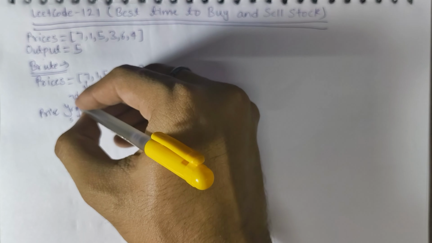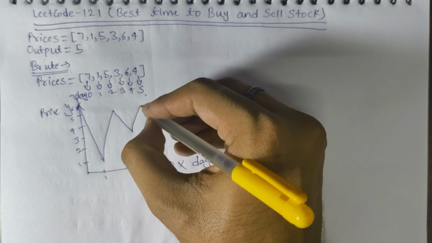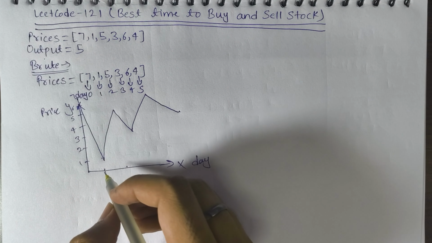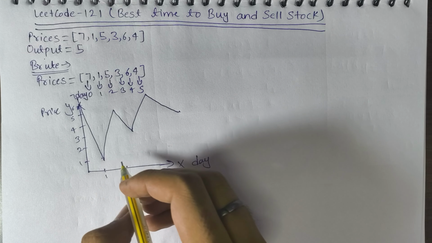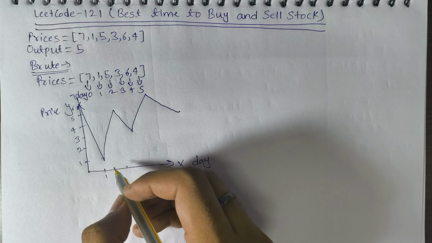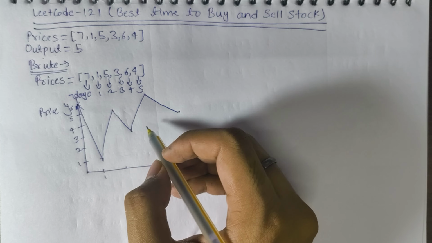Let's make a graph. So this represents the graph. How can we calculate the maximum profit? As you know the rule of stock, we buy the stock at low cost and sell at high cost, so we get the maximum profit.